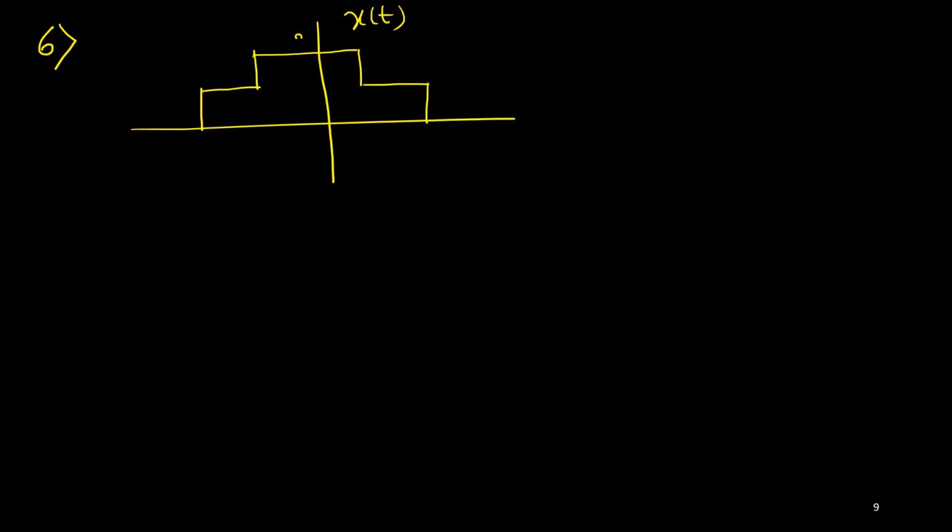Its value is 2 between 1 and 2, 1 between minus 1 and 1, and minus 2 and minus 1 on the left with the mirrored values.